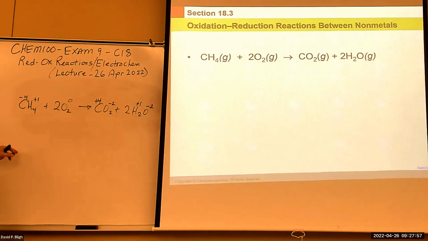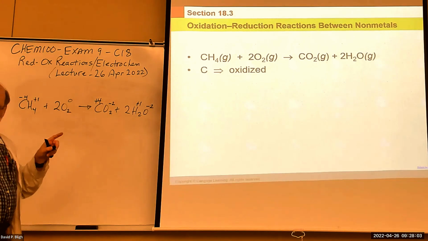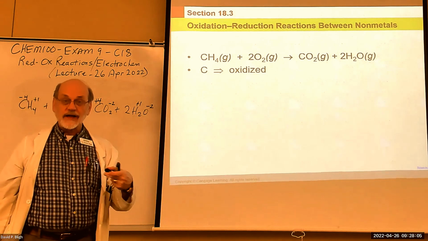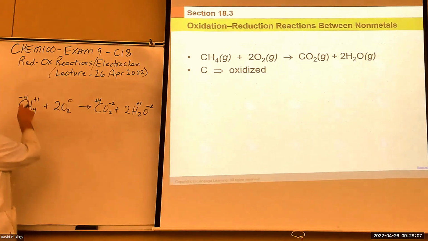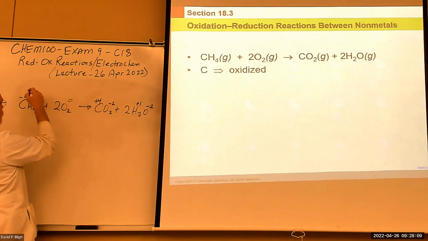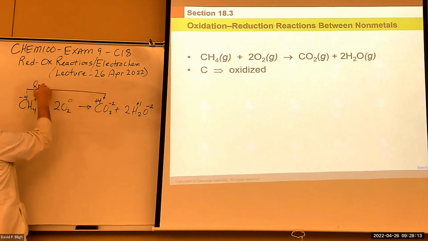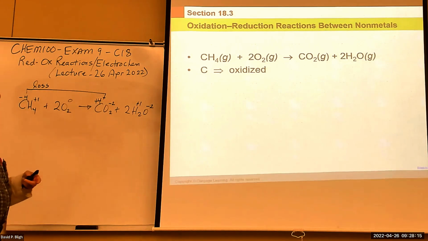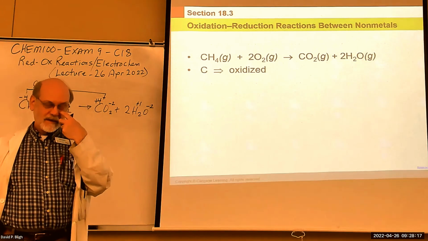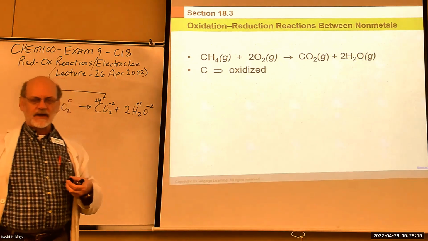Okay, so what's happened? Well, the carbon is oxidized. It had to lose electrons, right? To go from a -4 to a +4, we had a loss of how many electrons? I like to keep things straight.